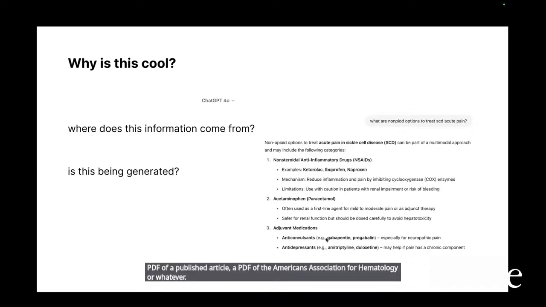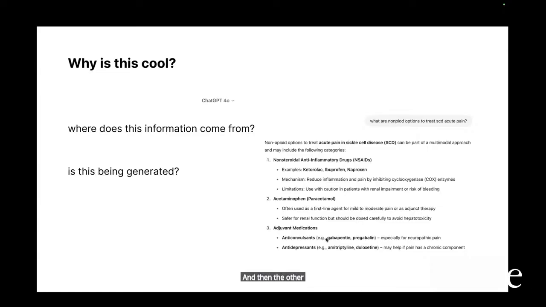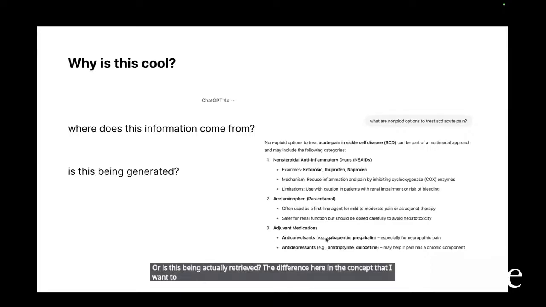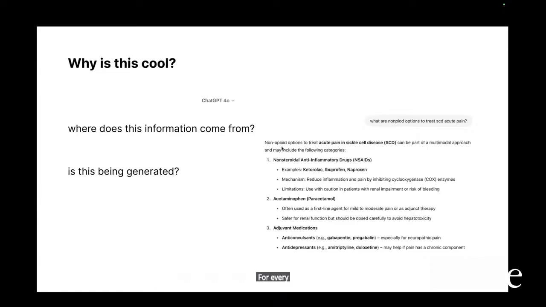And then the other question is, is this being generated, or is this being actually retrieved? The difference here in the concept that I want to highlight is that what ChatGPT does, it doesn't recall from actual memory, it generates information. So for every response, it is actually making up information.